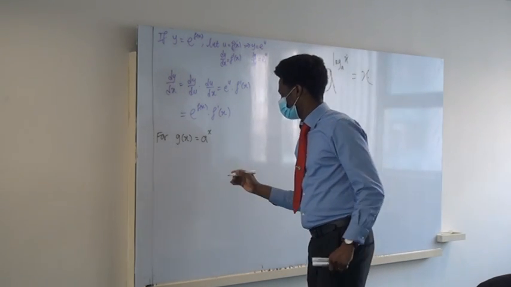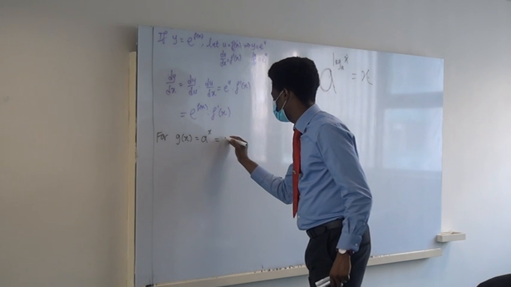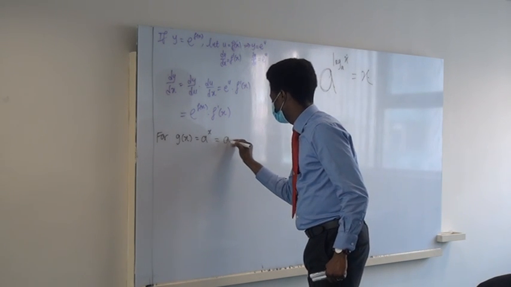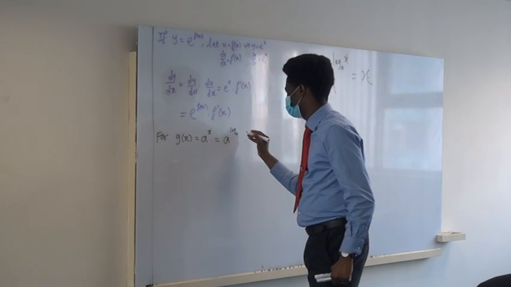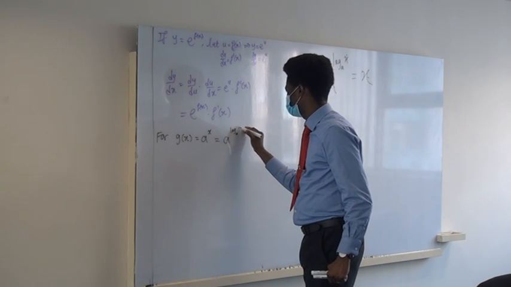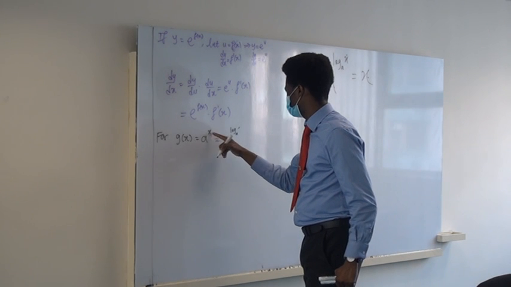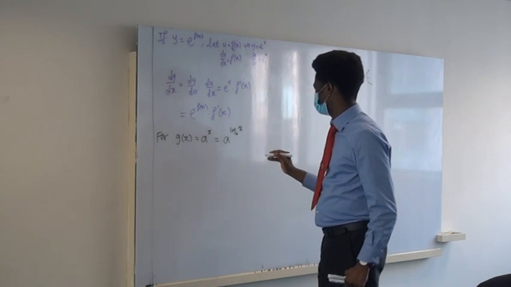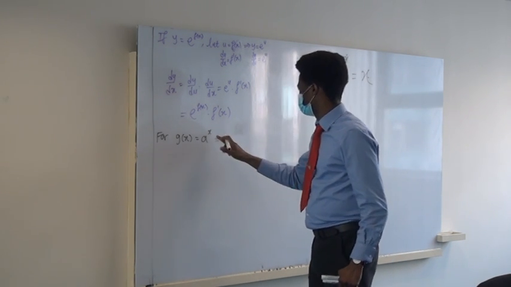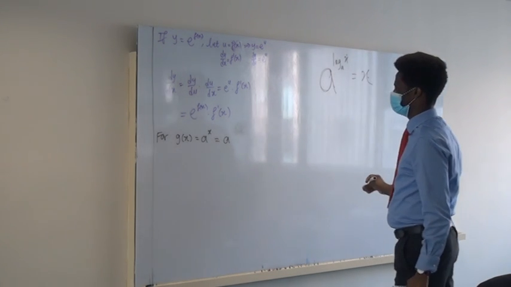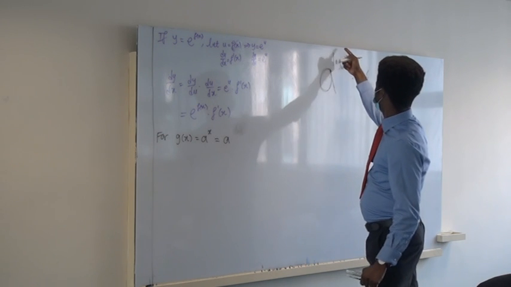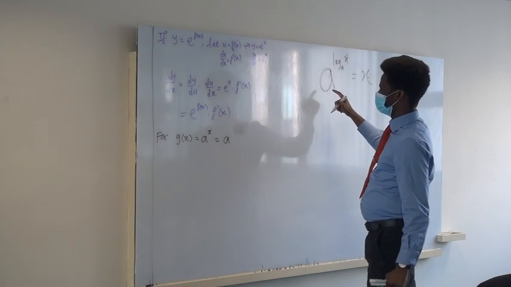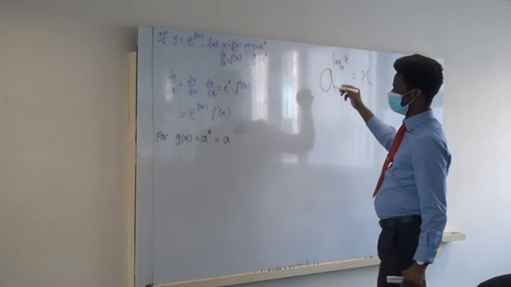If this is g of x, it is safe to write a to the power logarithm to base a of x. No. If I need my x directly on it, I need only x, right?